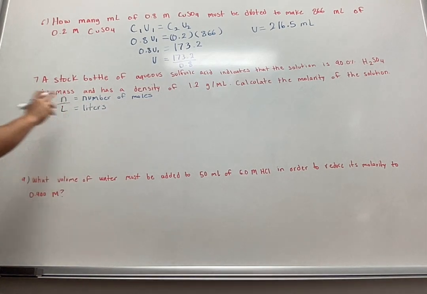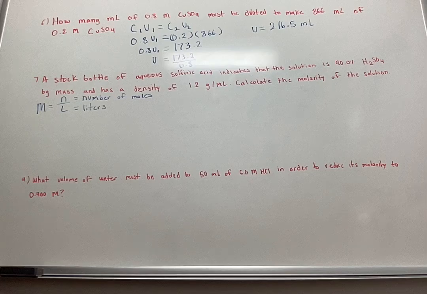Number of moles, we've seen this before. Throwback to stoichiometry, where we convert between moles, grams, formula units, and atoms. What they're giving us here is 1.2 grams per milliliter for the density, and they tell us it's 90% H2SO4.